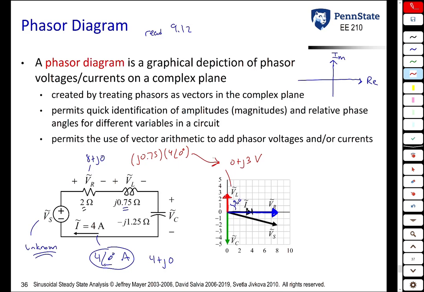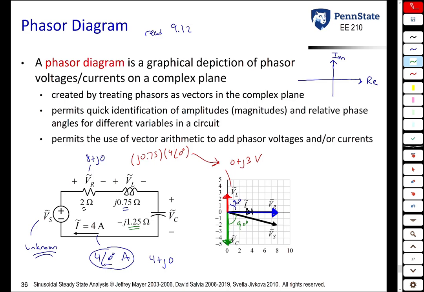How about the capacitor? The capacitor, we know that the current leads the voltage by 90 degrees, and we know because this had an amplitude of 1.25 in the impedance that the voltage is going to be 1.25 times the amplitude of the current. So if the current had an amplitude of 4, the voltage is going to have an amplitude of 5, and it's going to be 90 degrees less than the current.